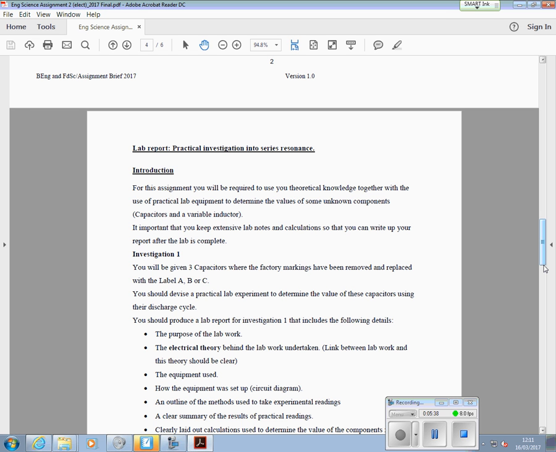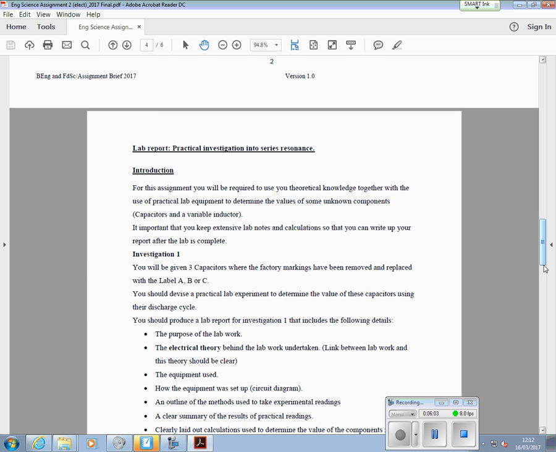You're better off with the discharge, because with the discharge you can always start at the same voltage, whereas with charging you can never be sure you're fully discharged on a capacitor that was charged up previously. Alright, so that's the reason for using the discharge cycle. Also you won't need to go all the way down to zero.